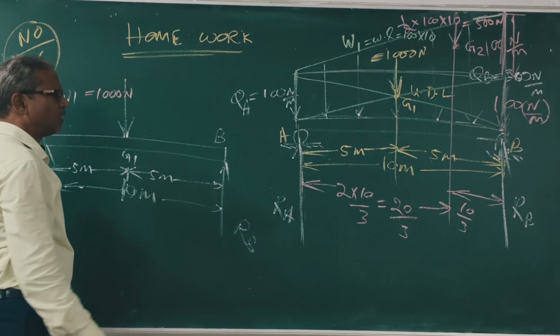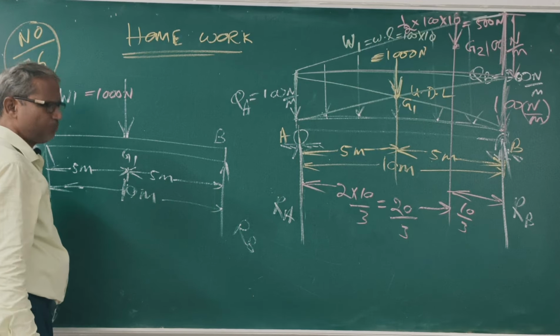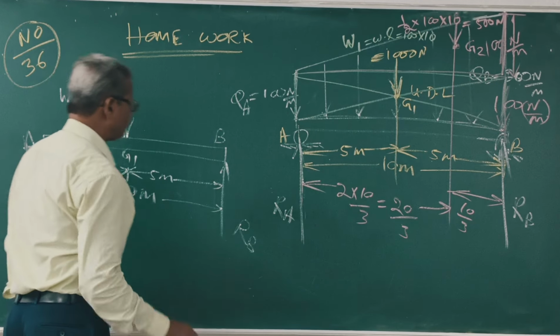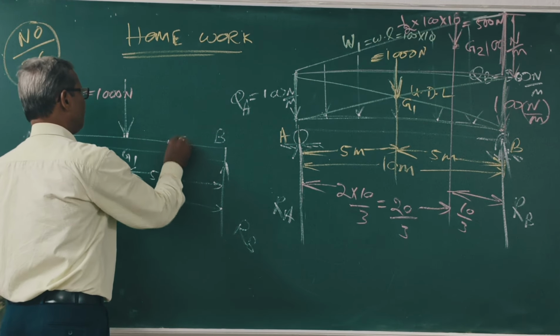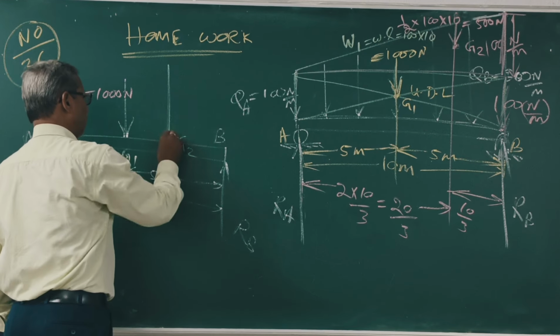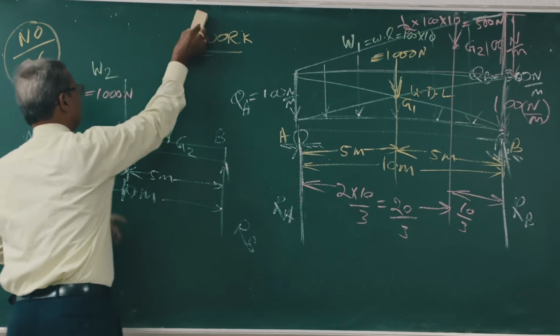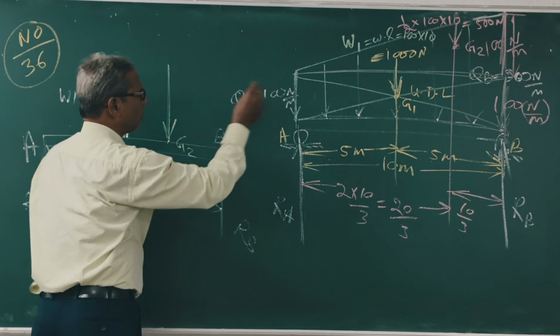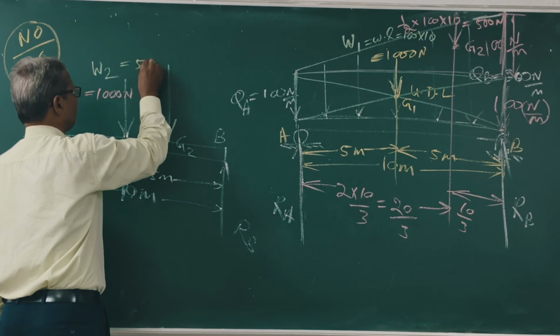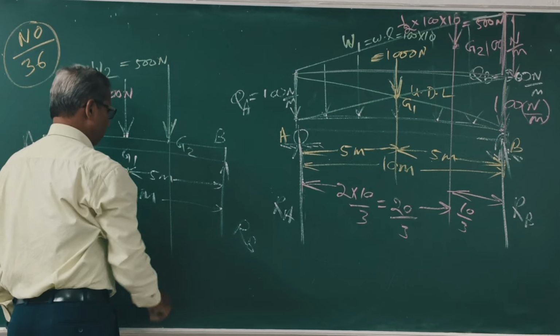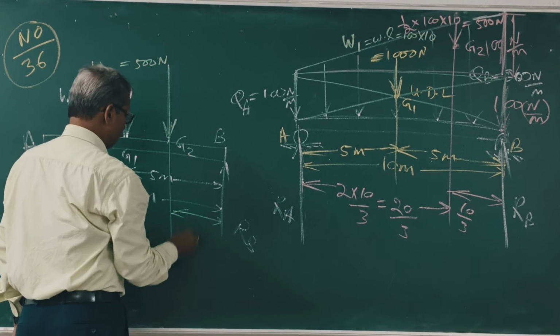Next, suppose this is G2. What is the load? Load is 500 Newton. What is the G2? This length is equal to 10 by 3.